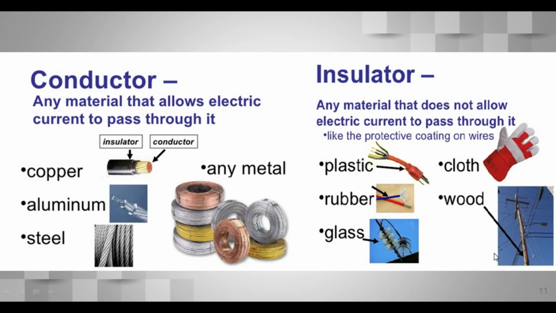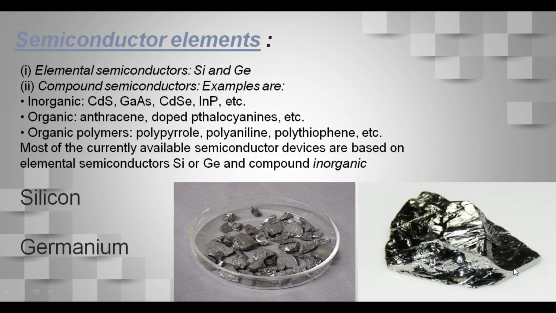Then let us discuss the difference between conductors and insulators. Conductors we have copper, aluminum, steel, gold, silver and so many other metals. Insulators we can use plastic, rubber, glass, wood, cloth. But our concern in this chapter is semiconductors.